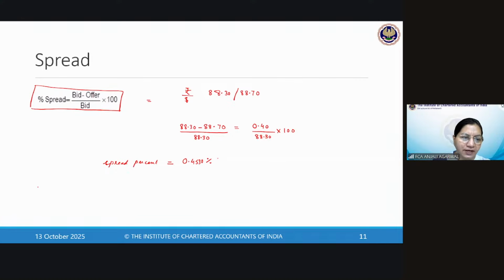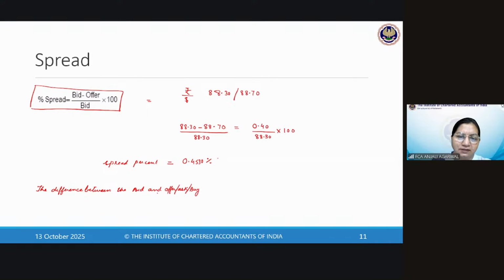To recap, the difference between the bid and ask, so you can call it offer, ask, or the buy price for the merchant.